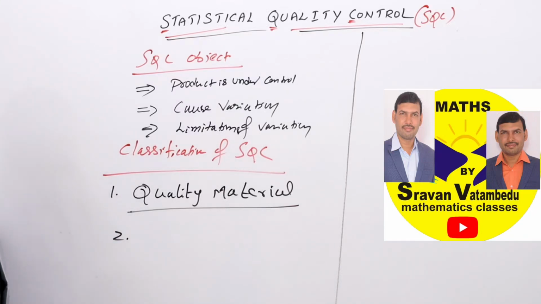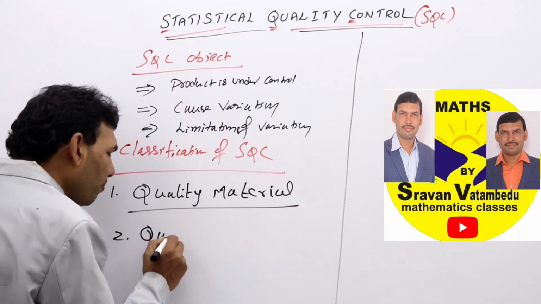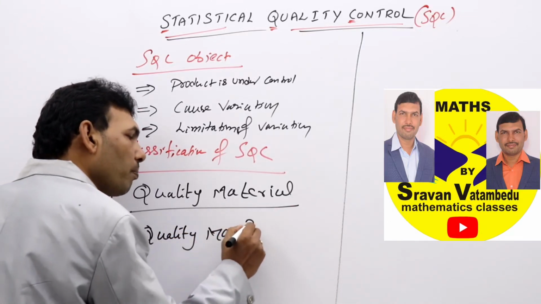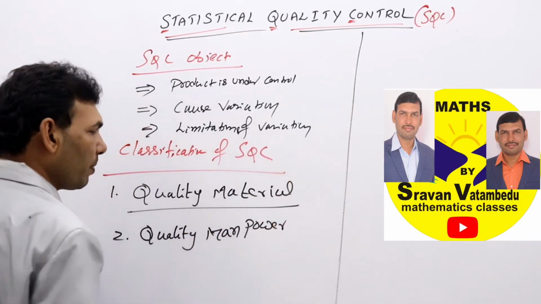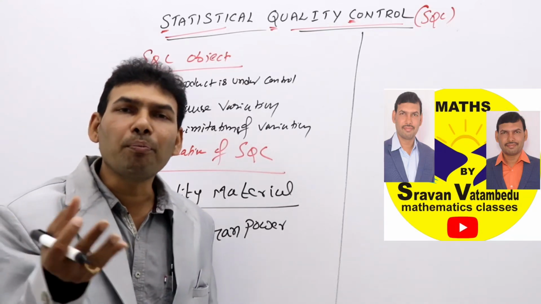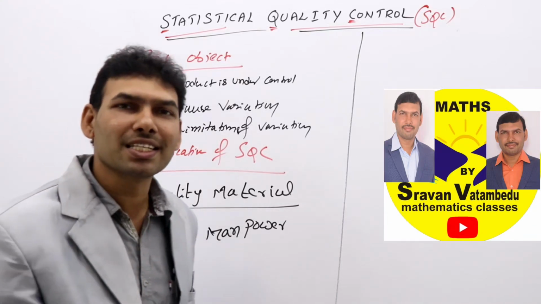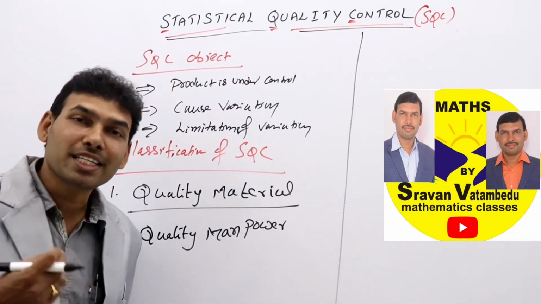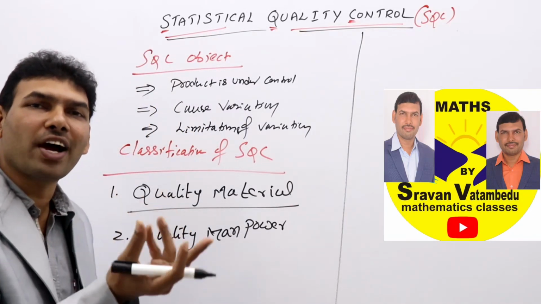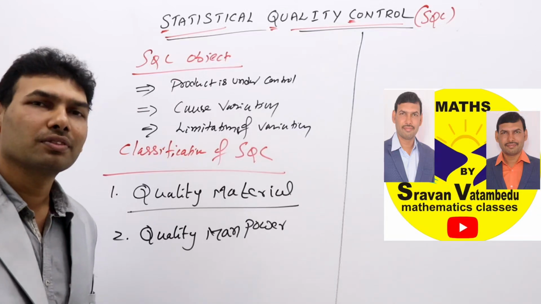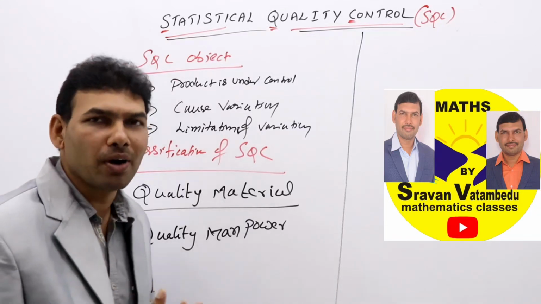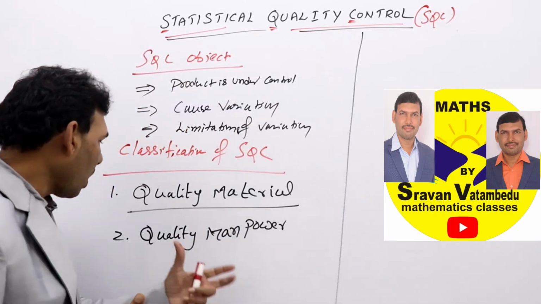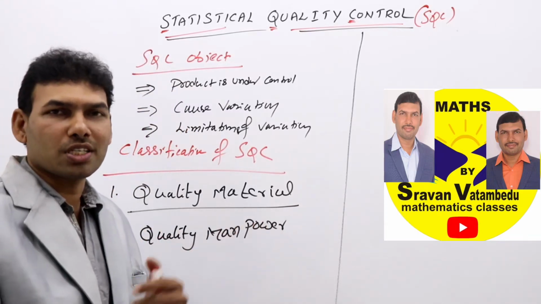Number 2, quality manpower. That means you need to employ experienced, trained, certified persons. If you select that type of manpower, they will employ a good process.